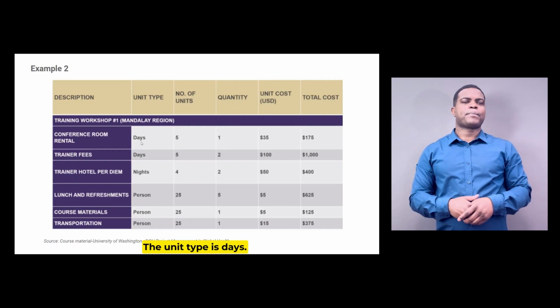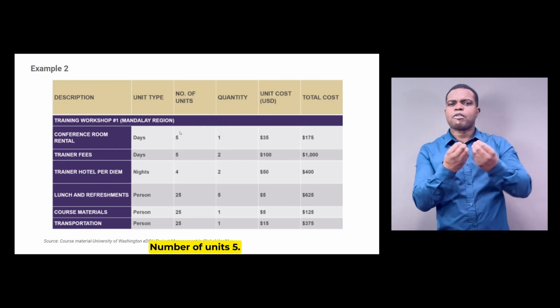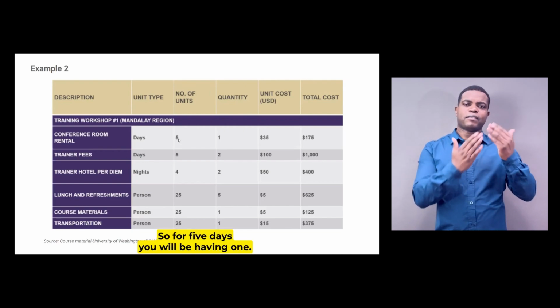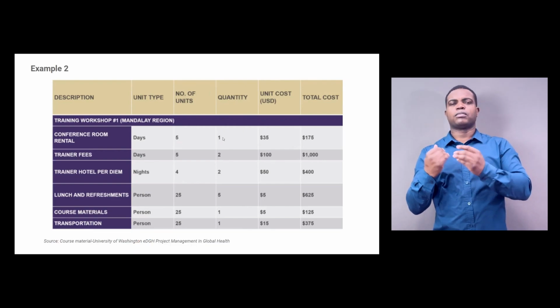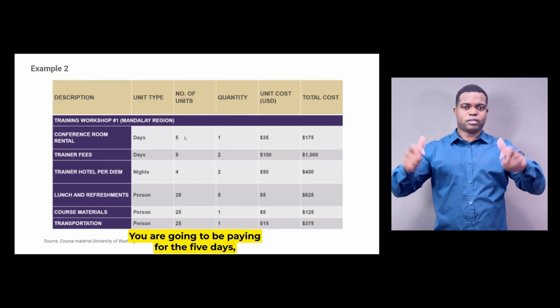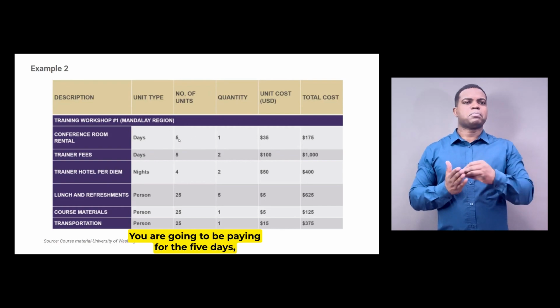The unit type is days. How many days? Number of units, 5 days. So for 5 days you will have one conference room. That means you are going to be paying for the 5 days.